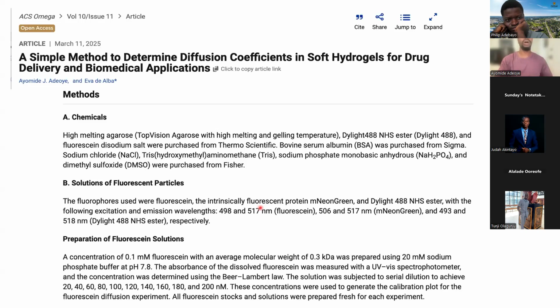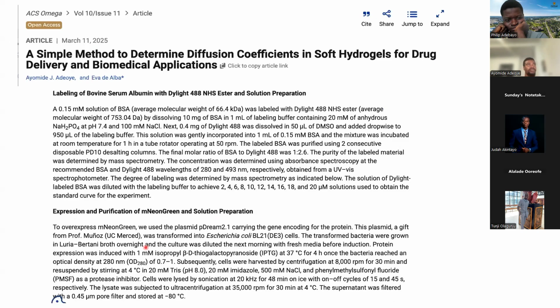Another aspect is the preparation of these fluorescent particles. I also discussed that. The other important thing is that I discuss in detail all the materials I use. That is an important aspect of your research methodology. For instance, I talk about the fluorescent particle.